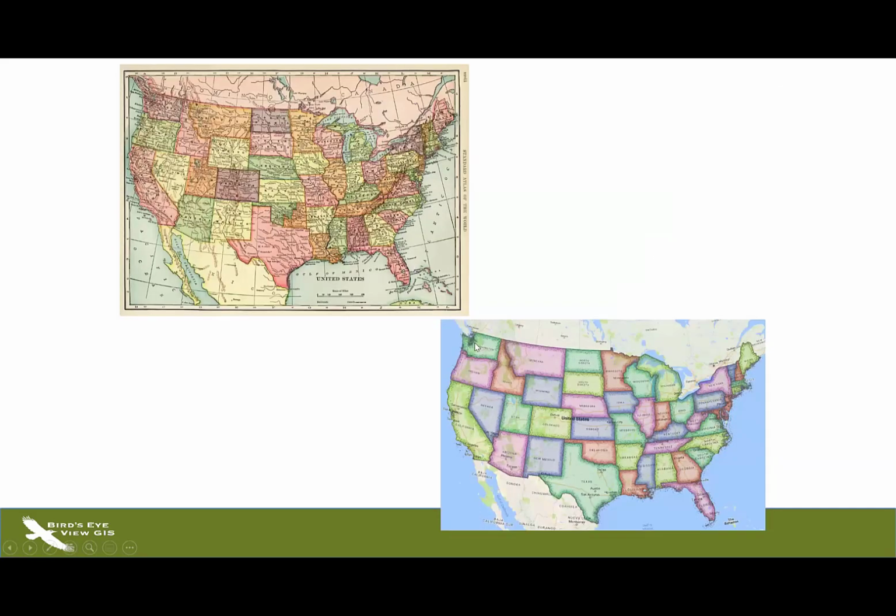So, you know, this probably took several years to create back when that was done, but within a few minutes, we've come up with a modern version of it that's kind of interesting. And it shows you some of the ways that you can get creative using expressions for symbology inputs.